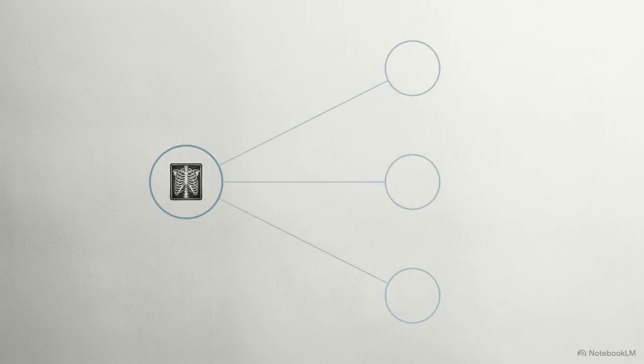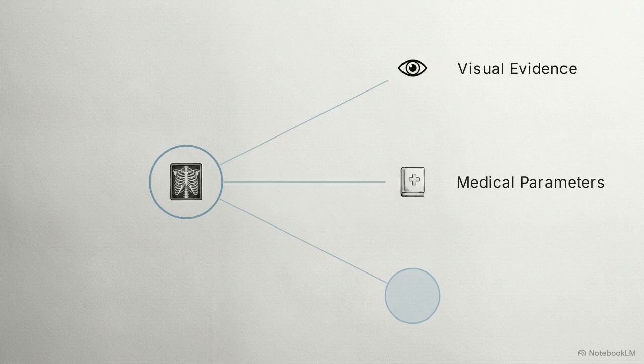In this pipeline, a central node delegates the analysis to specialized subtools. It sends the image to a classifier, verifies data with a retriever, and synthesizes the findings into a report. This modular approach mirrors human clinical workflow, examining visual evidence, referencing medical parameters, and then drafting a conclusion.